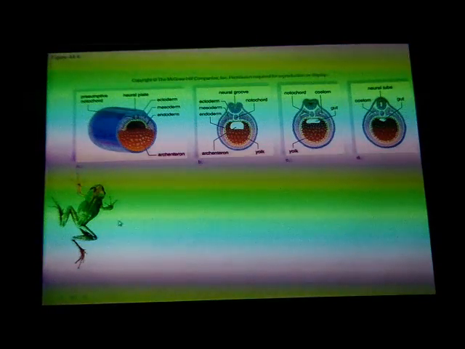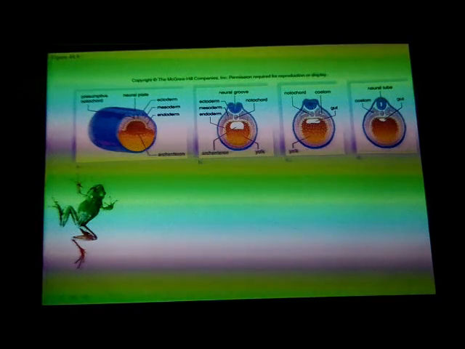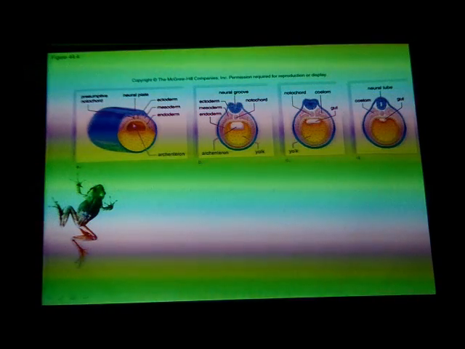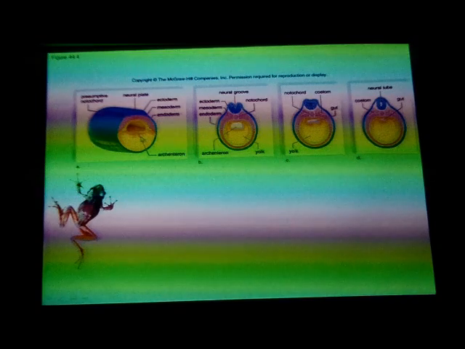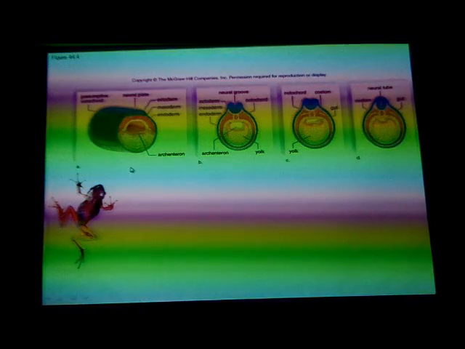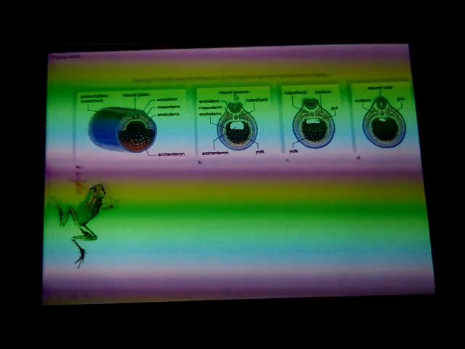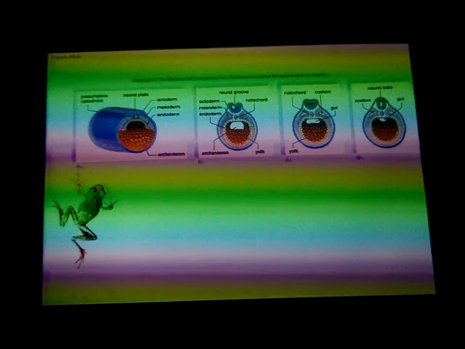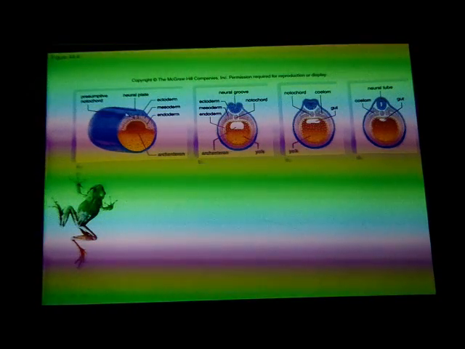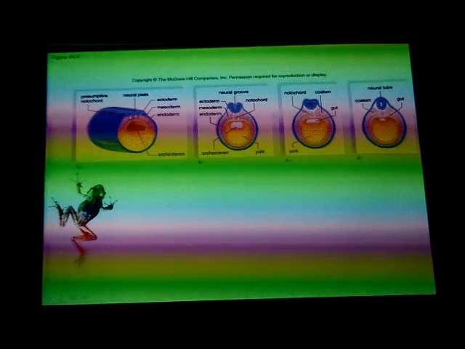And so this shows a frog embryo, and that's all yolk right there, and this is the cells. And that's going to become that. This shows the formation of what we call the neural groove, the spinal cord. Remember I said the ectoderm forms the nervous system?